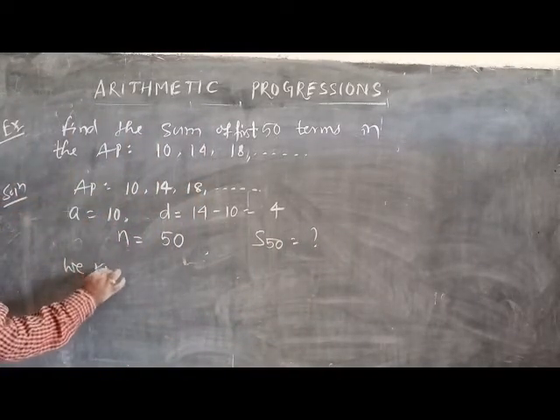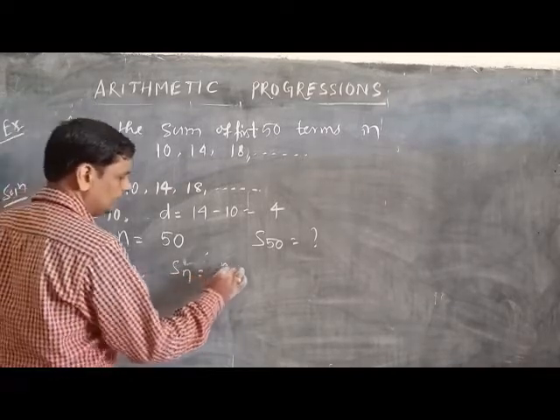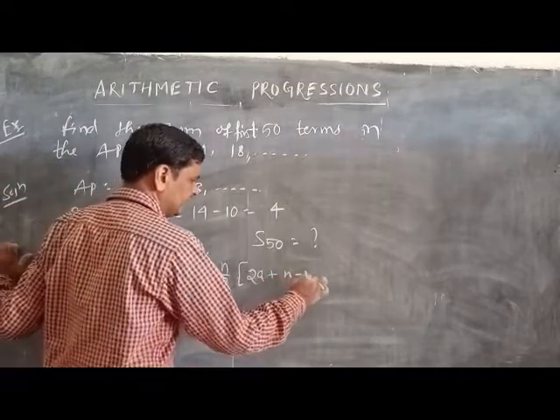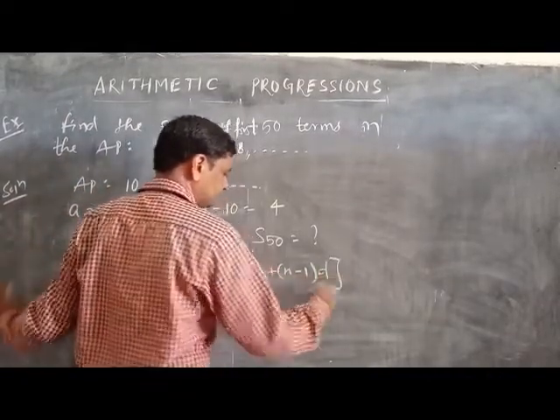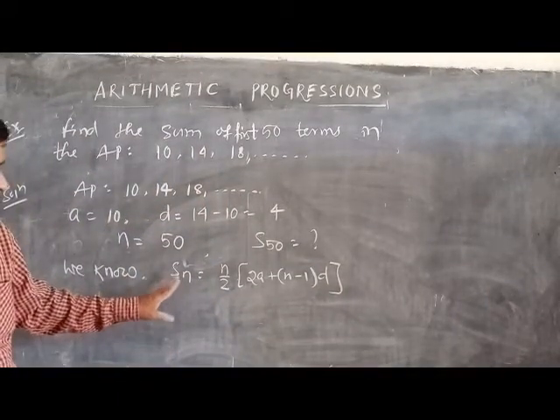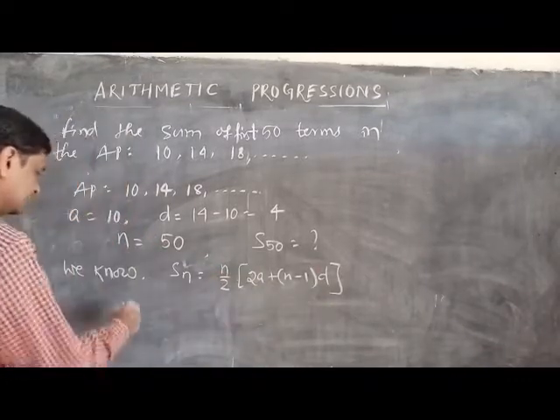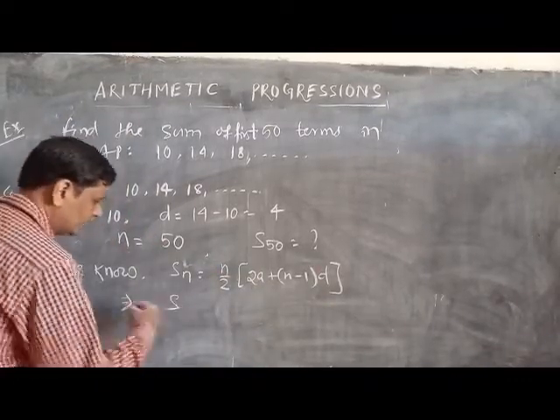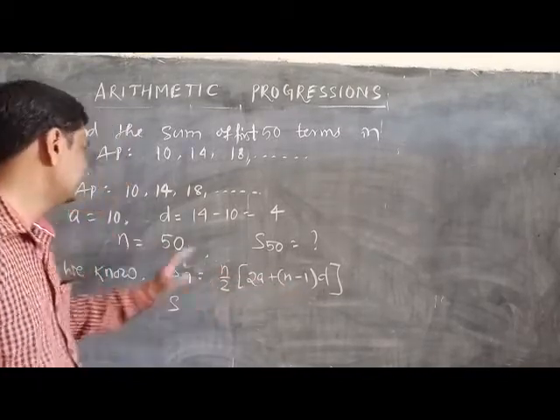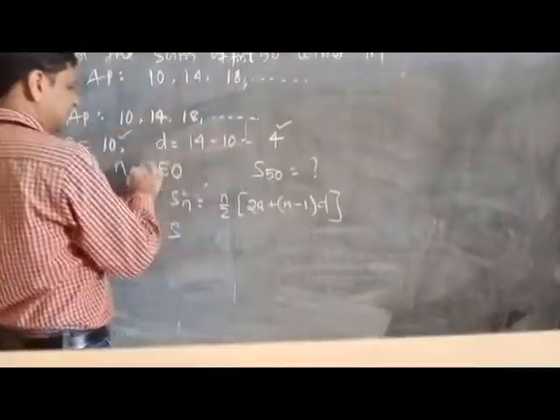We know that Sn is equal to n by 2 into 2a plus n minus 1 into d. We know the sum of n terms Sn is n by 2 into 2a plus n minus 1 into d. When we put the values of a, d and n here, a is 10, d is 4, n is 50.